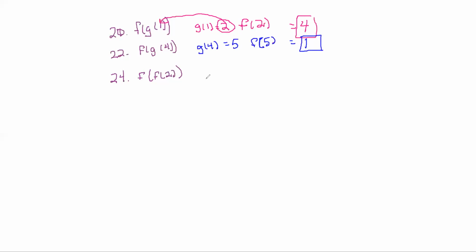What did we start with? f of 2 is 4, and then f of 4 is 2. There it is. That's literally all you need to do here. Sweet. So don't panic. It'll be fine.